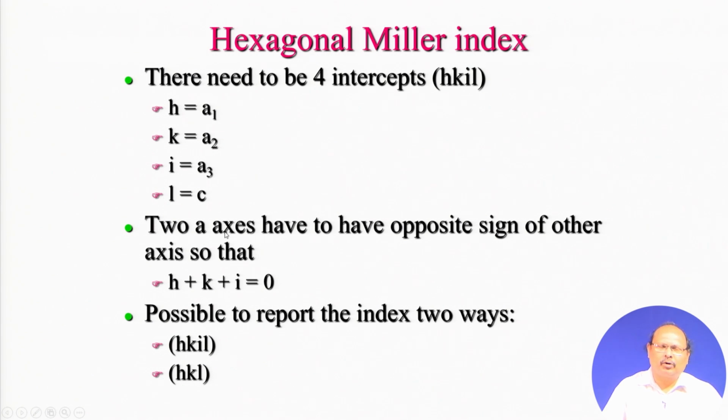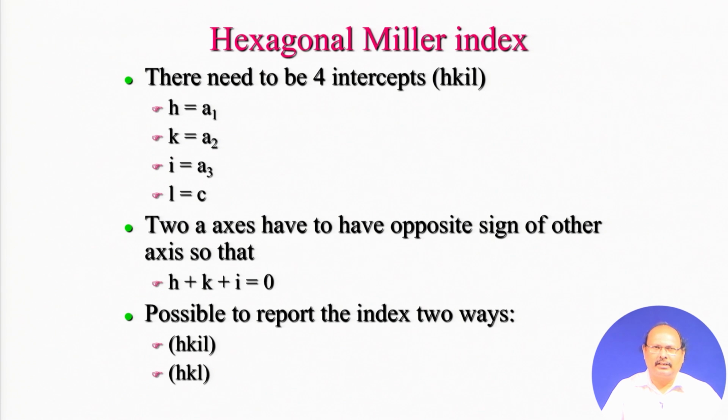Now, one of the most important aspects here is that since there are 3 horizontal crystallographic axes, any inclined surface intersecting the 3 horizontal axes cannot intersect all 3 in the positive directions. There will be at least one negative direction that has to be considered here.